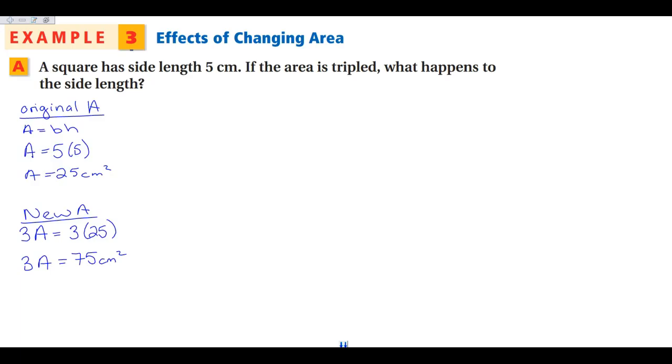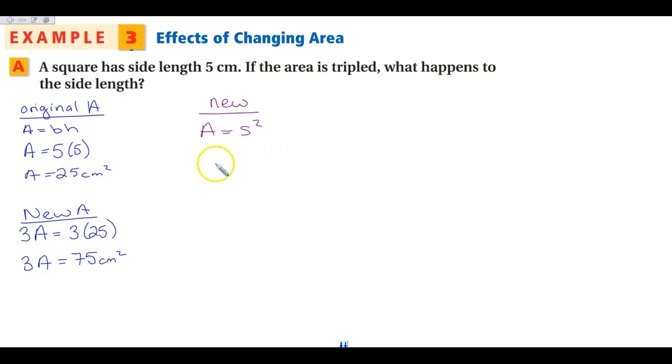So now I want to know, what happens to the side length if I have an area of 75? Well, notice here when I do base times height, I'm really doing side squared because it is a square and the base and the height are the same. So for my new figure, my area is going to be side squared instead of base times height, because again, the sides are the same.